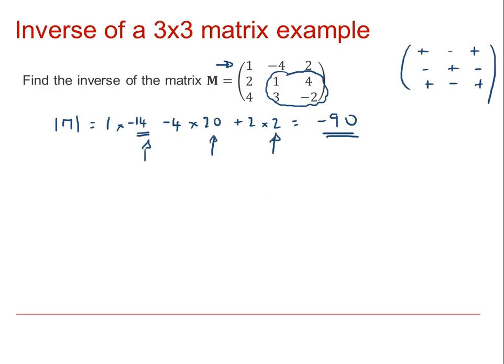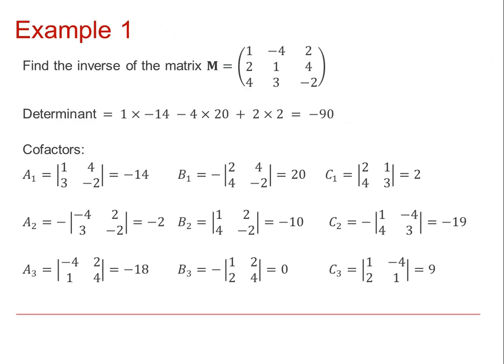So we need to do that for all of the other elements. Here they are written out. You might like to check a few of them. In particular, do check that you've got the signs correct here. We've got a -1 here and so on. So that's the pattern of signs that you need to apply every time you're looking at the cofactors.